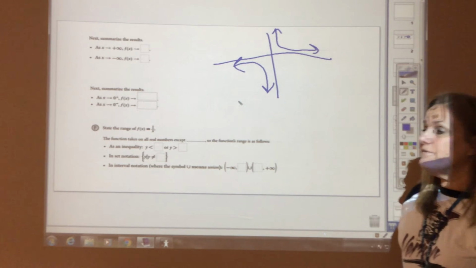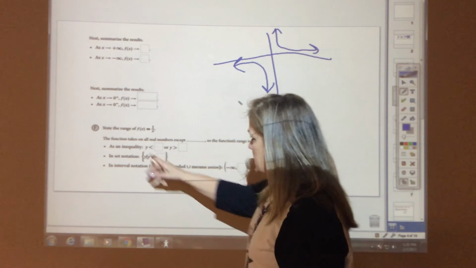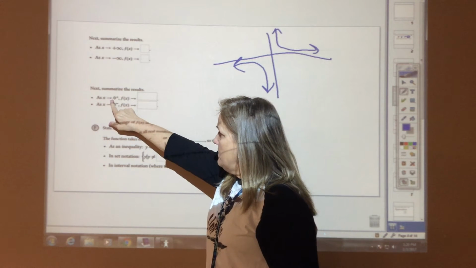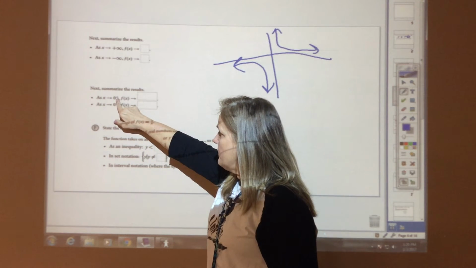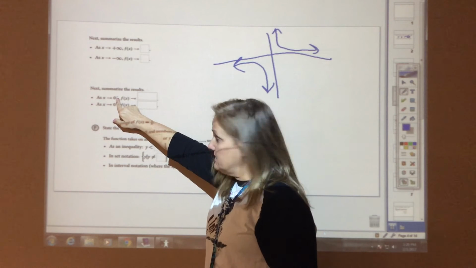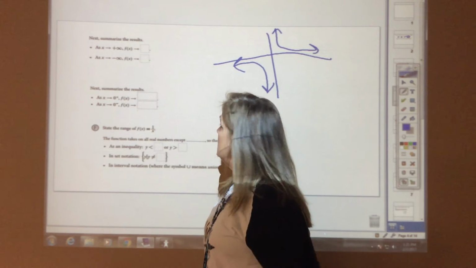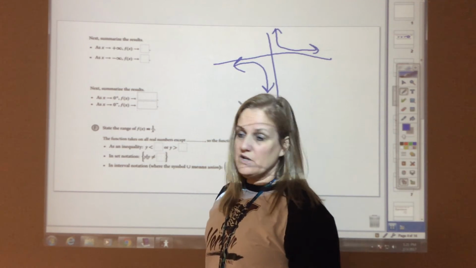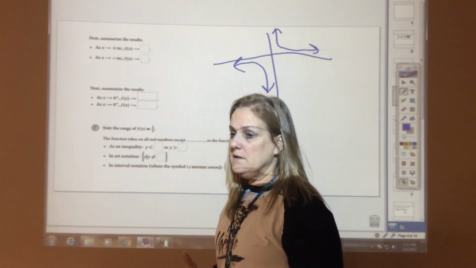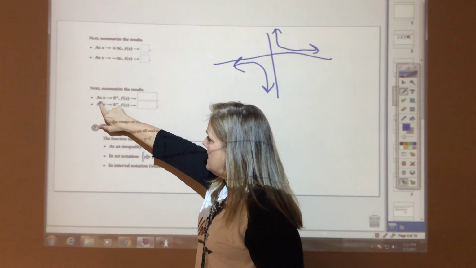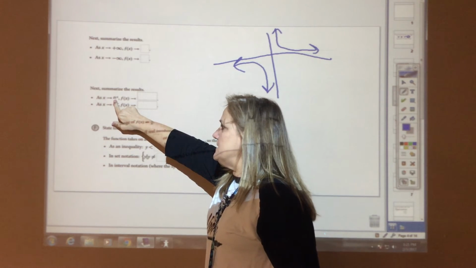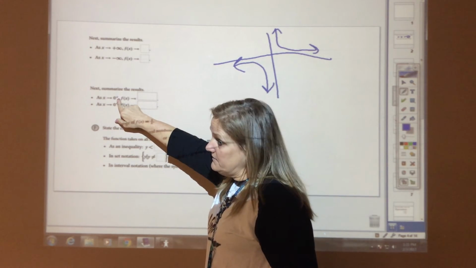Now, here's something we haven't done before, but it's really easy. As x approaches 0 from the positive direction. See that little plus right there? It's in the middle of page 470. As x approaches 0 from the positive side.